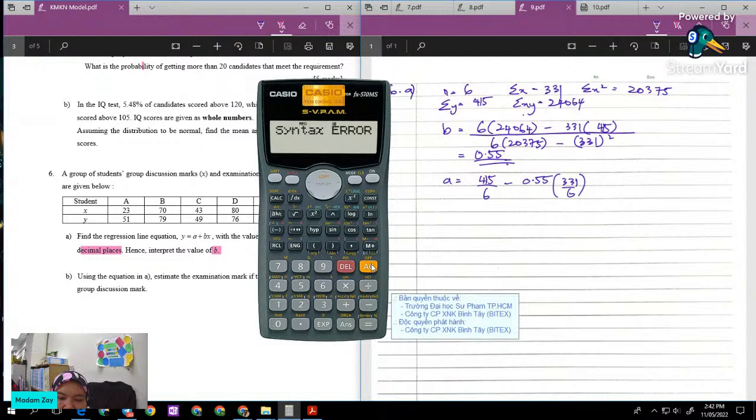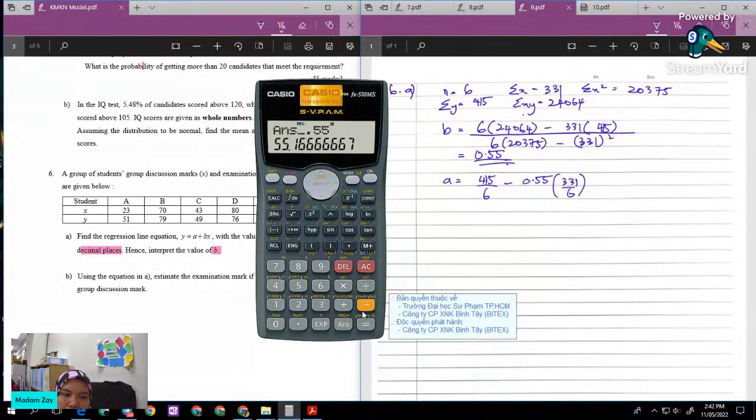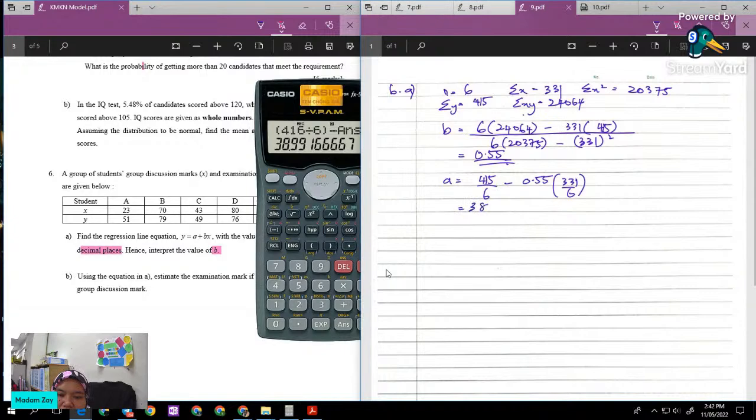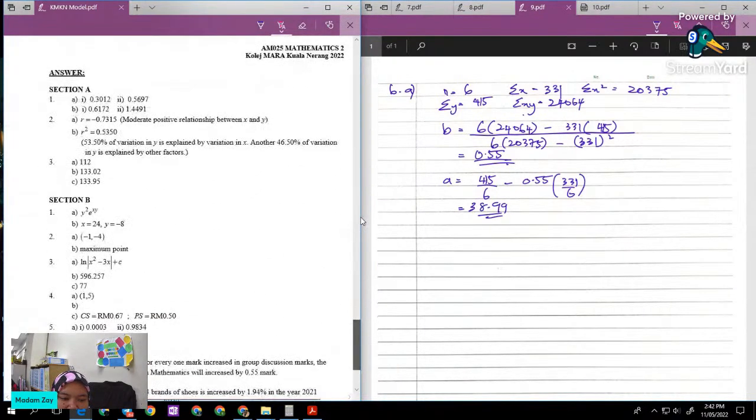So, 331 divided by 6 multiply by 0.55. Dan dalam kurungan 415 divided by 6 minus answer. Okay, kita dapat 38.99. Okay, dapat dah jawapan for A and B.